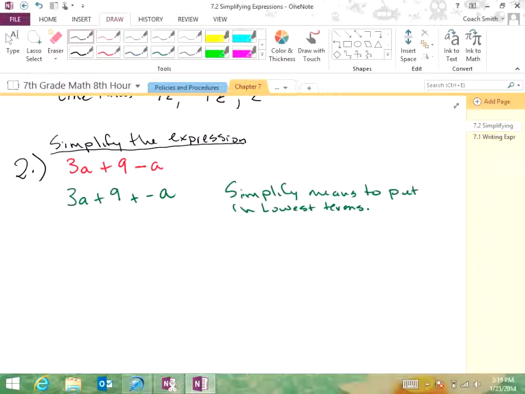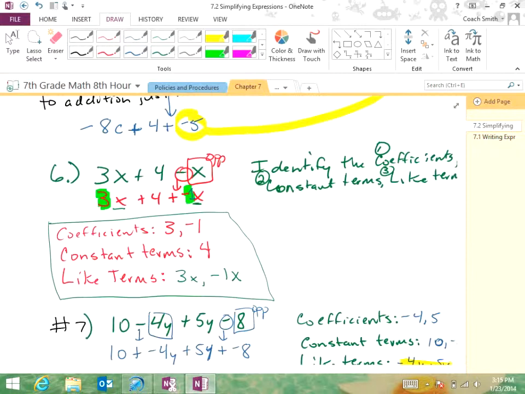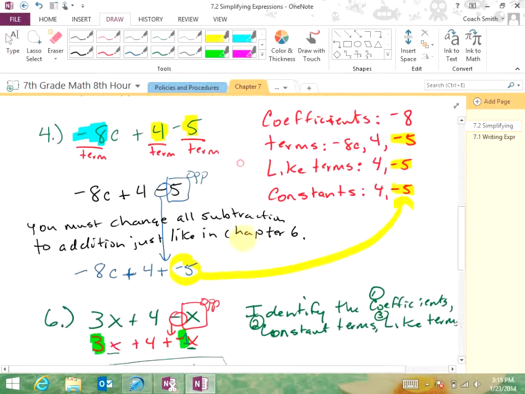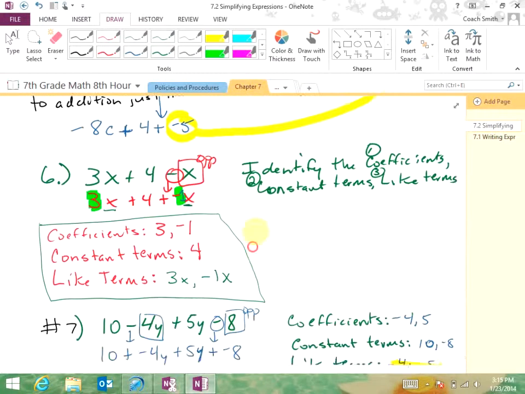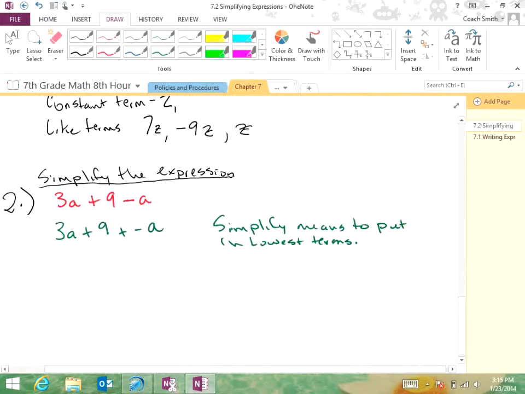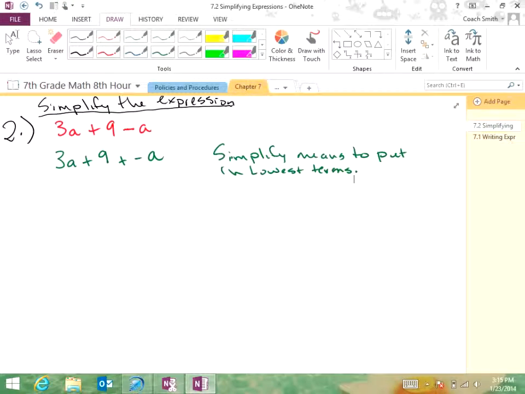We did it right at the first of the notes, I think. Did we ever get to the like terms? But in this problem, did we give them? No, we didn't. Now that we know what like terms are, what are the like terms in problem number 2? 3a and negative a.